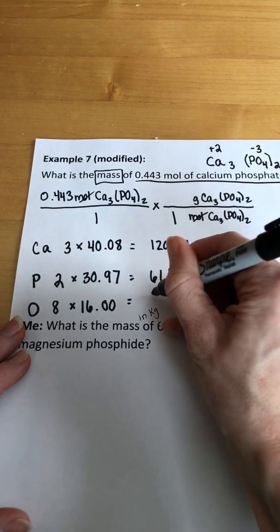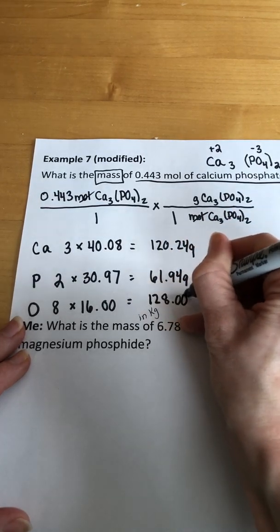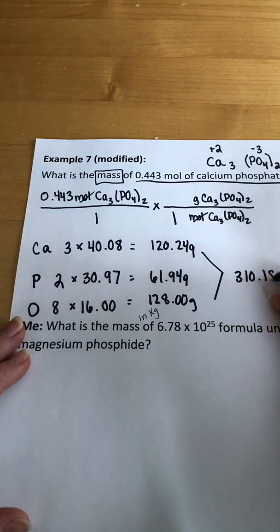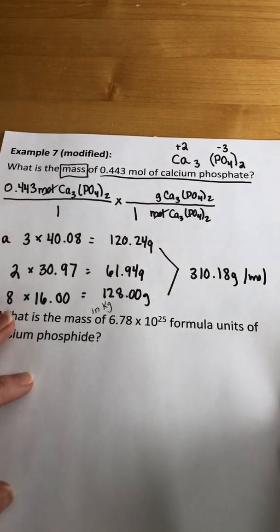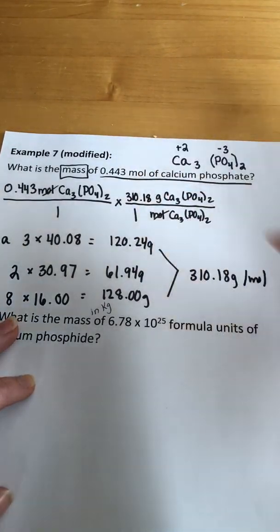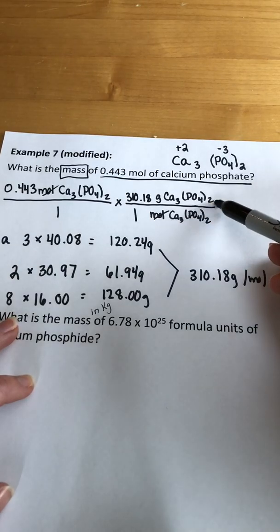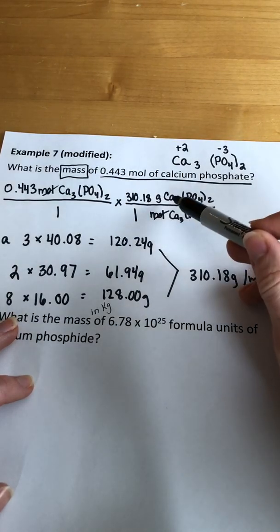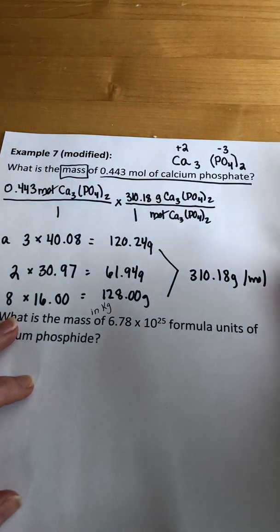And if you add all of those up, you should get a total molar mass for calcium phosphate of 310.18. But that's the biggest thing I wanted to show you: when you have parentheses, this subscript acts as a distributor to everything inside. It doesn't work outside, just on what's inside the parentheses.